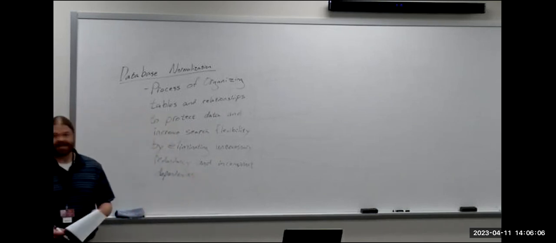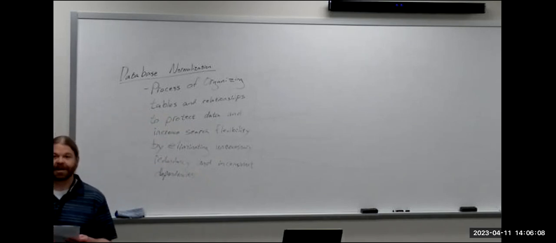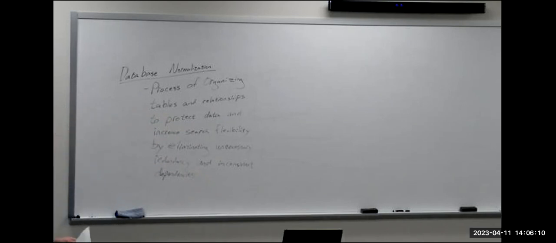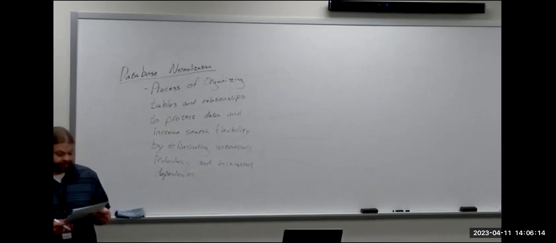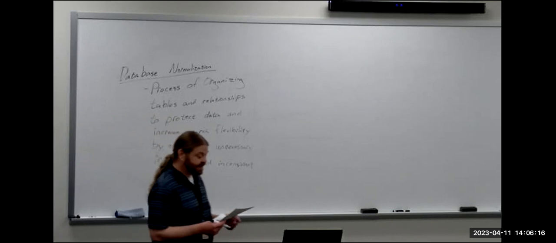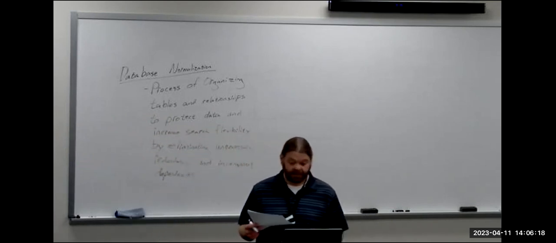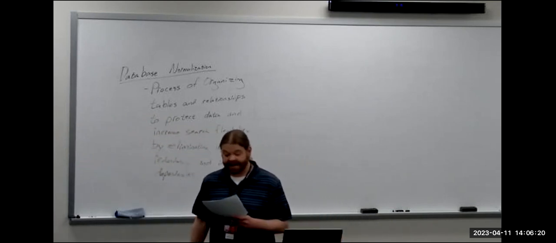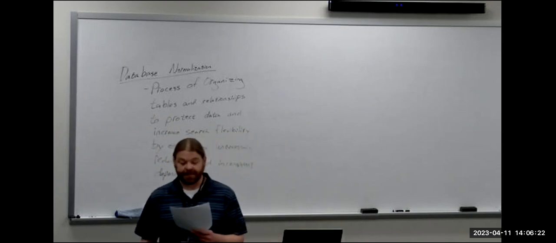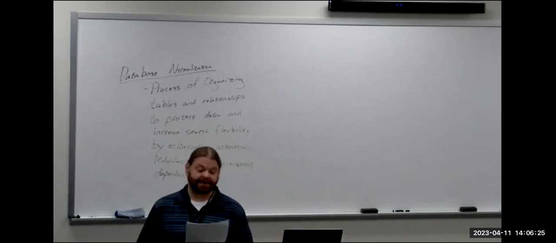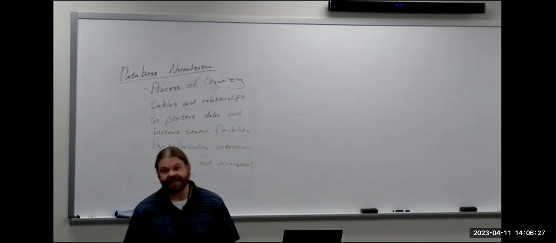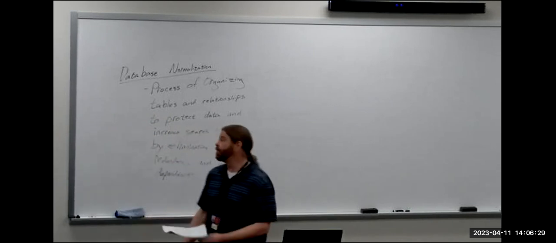Okay, so that definition is a mouthful. Everybody see that on the screen? Neither one of my black markers is super dark. I think the other one kind of quit working altogether. But normalization is the process of organizing tables and relationships to protect data and increase search flexibility by eliminating unnecessary redundancy and inconsistent dependencies. So a whole bunch of big words.